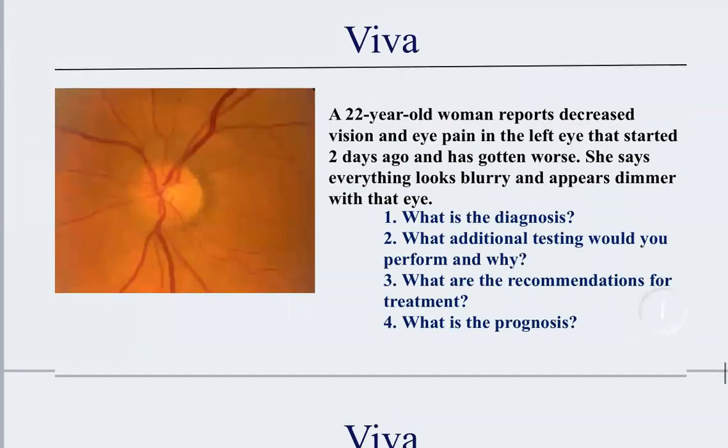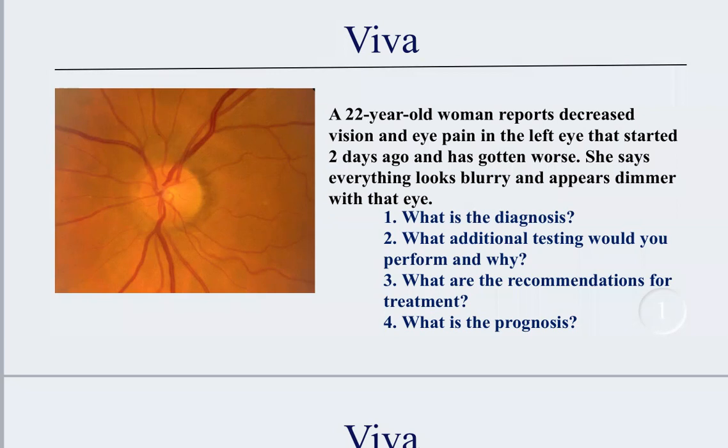A 22-year-old woman reports decreased vision and eye pain in the left eye that started 2 days ago and has gotten worse. She says everything looks blurry and appears dimmer with that eye.